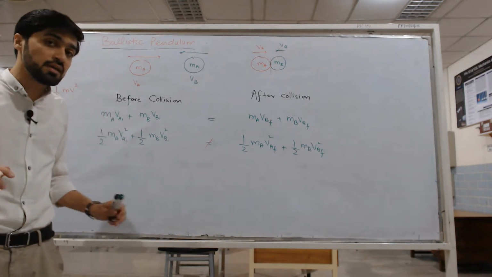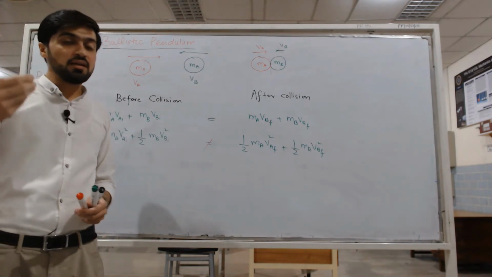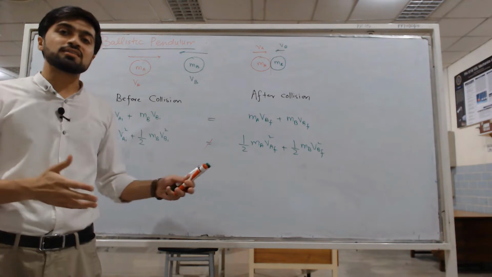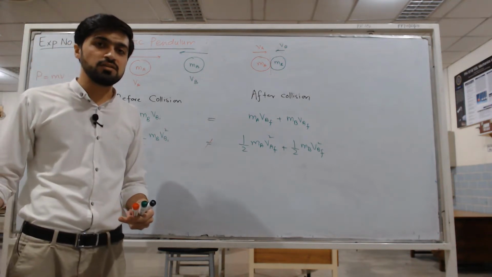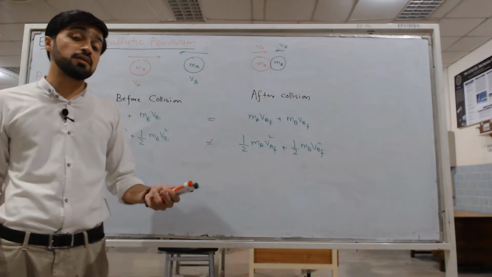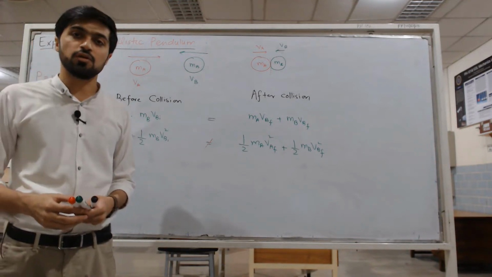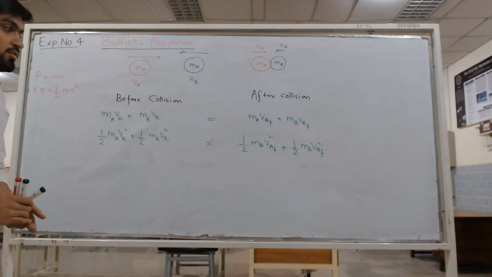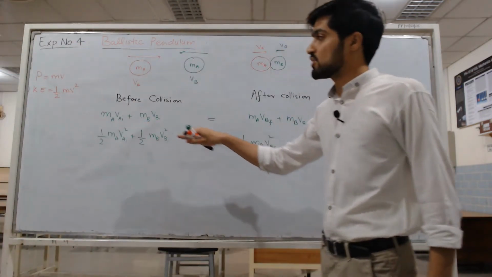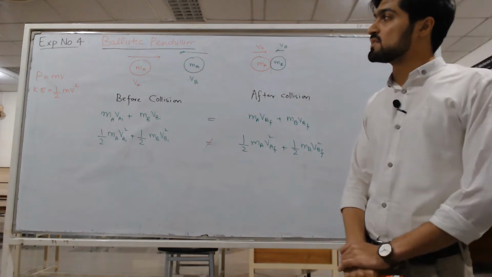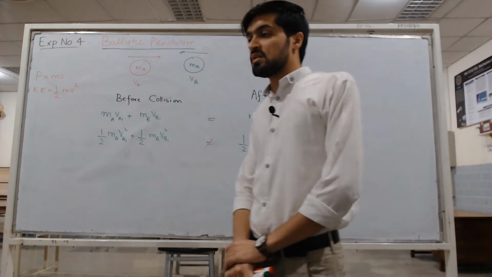And what happened to the kinetic energies? The kinetic energy is transformed into some other energy, as we discussed, in the form of thermal energy, in the form of heat energy, or it is used for the deformation of the bodies. So you should be clear about these things. So this is simply the mathematical form of the conservation of momentum. Now we will move towards the ballistic pendulum. So what is a ballistic pendulum?